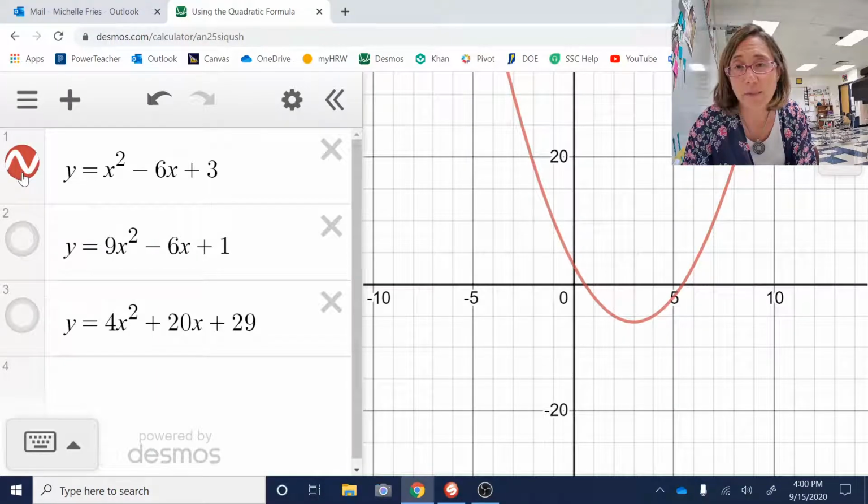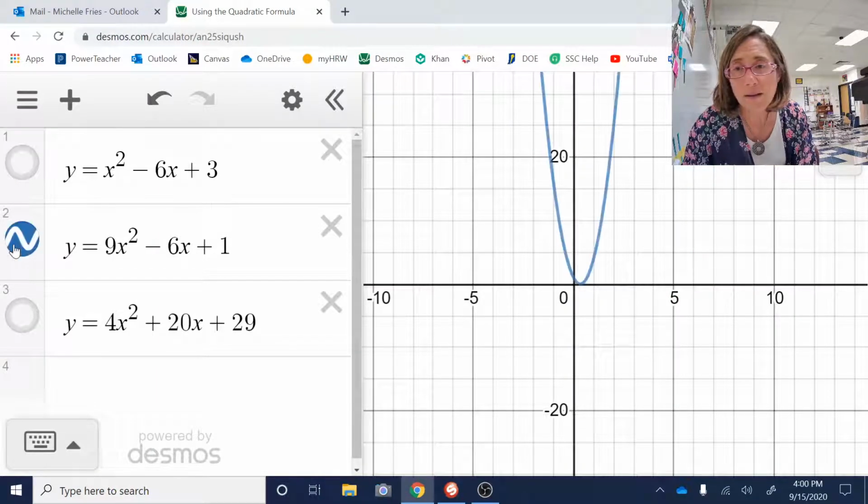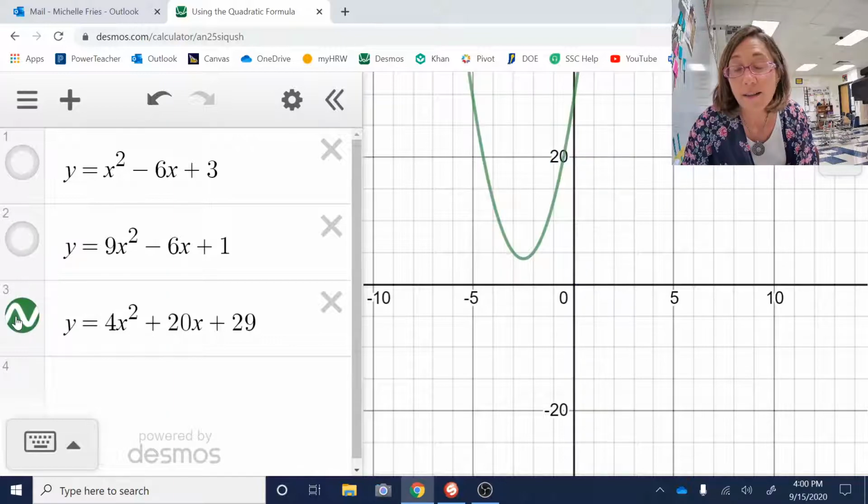We saw that in our first example. Sometimes there's only one x-intercept. We saw that in our second example. And sometimes there aren't any x-intercepts. Because if you look where this green one hits the x-axis, it ain't going to happen. So those are the different amounts of solutions we can have.